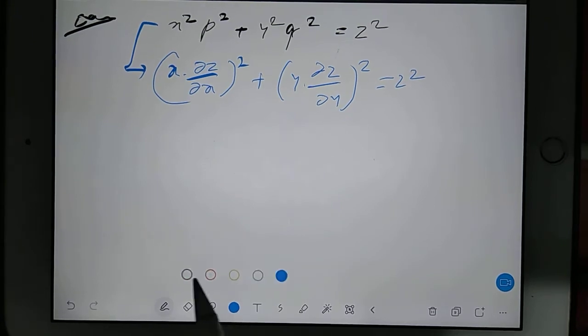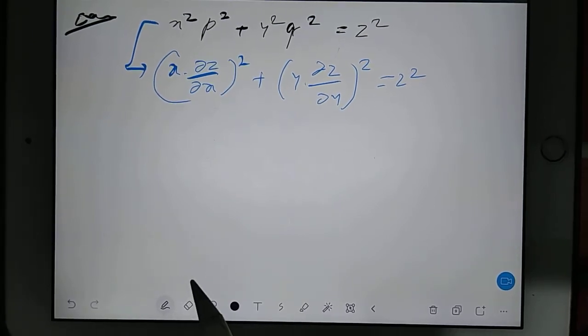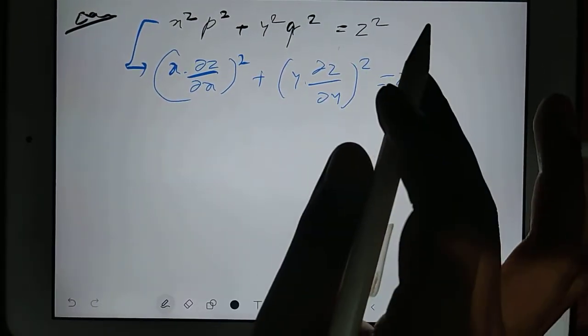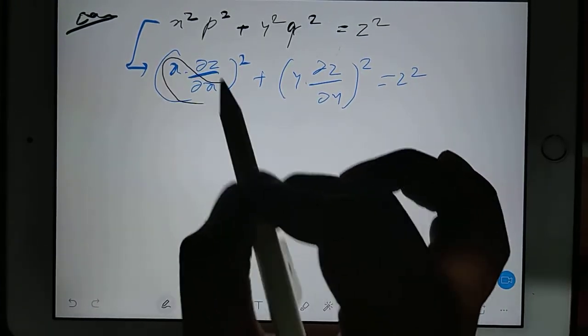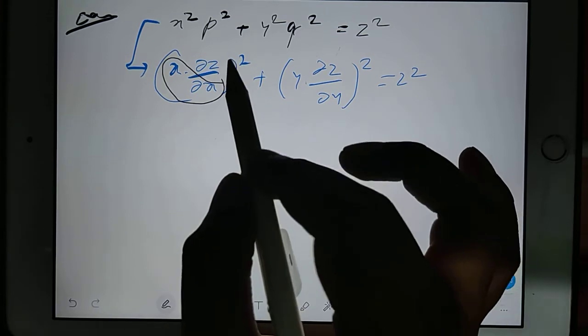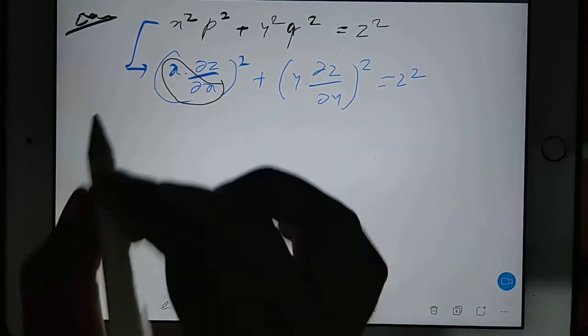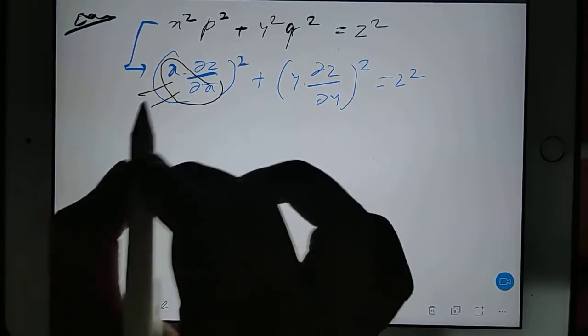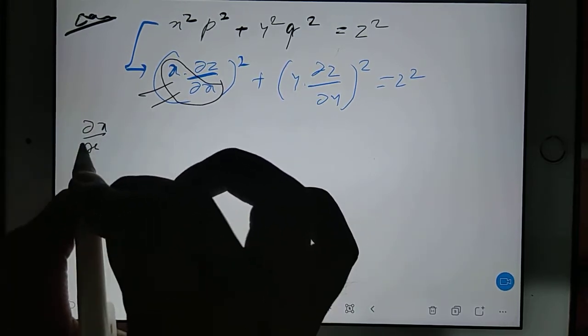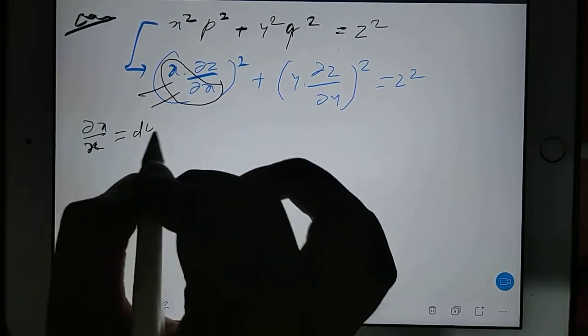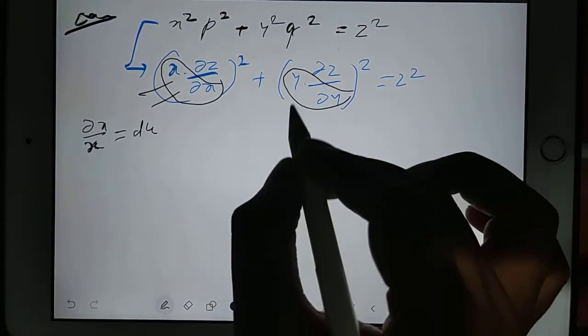Okay. Now you see, in this format, this dou x by x is coming here. That you can replace with another variable. Like this you are seeing here, right? Dou x by x is written. So I am considering dou x by x as du. And here I have to replace.